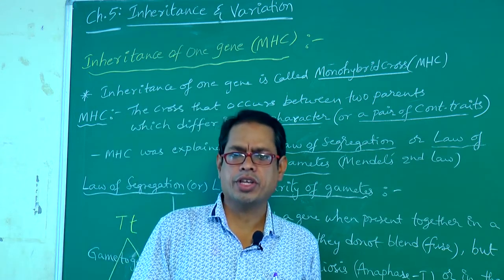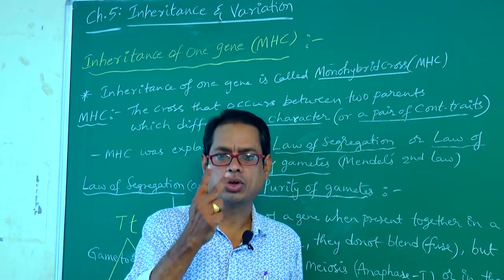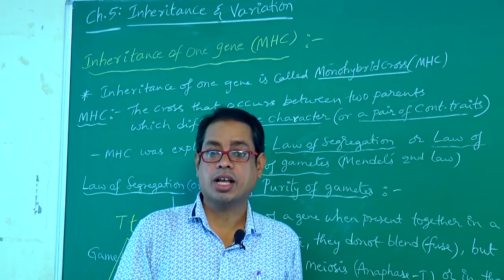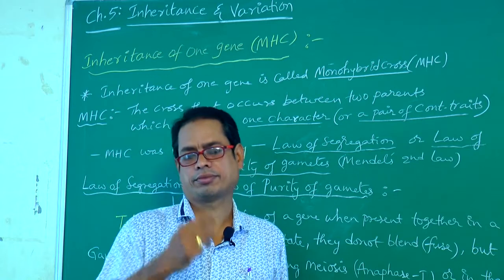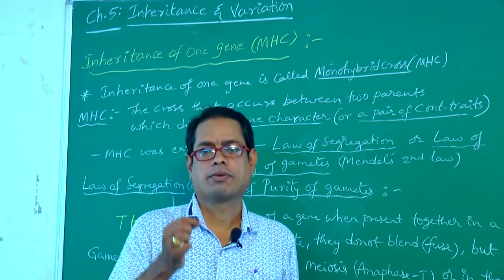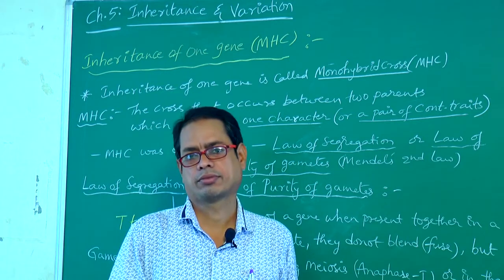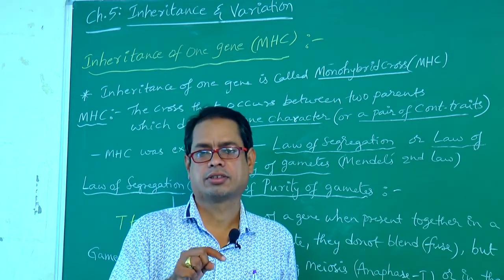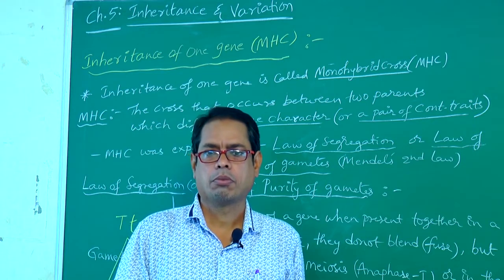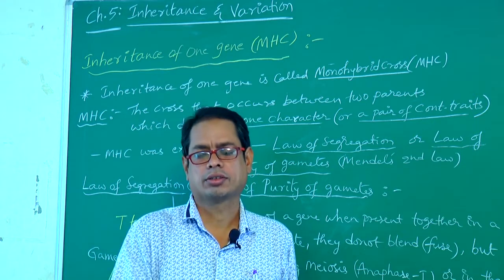Number of characters based on shape? 2. Number of characters based on color? 3. Dominant flower position? Axial. Recessive? Terminal. Pod color dominant?